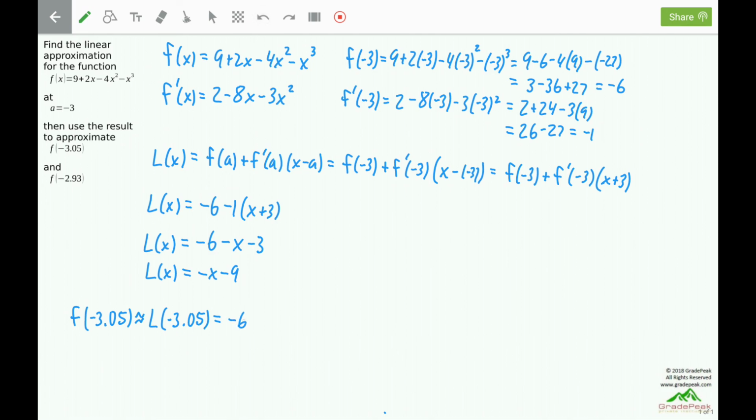This will give negative 6 minus 1 times negative 3.05 plus 3, which is negative 0.05, which will give negative 6. A negative 1 times a negative 0.05 is a positive 0.05. Add that to a negative 6, and that comes out to a negative 5.95.